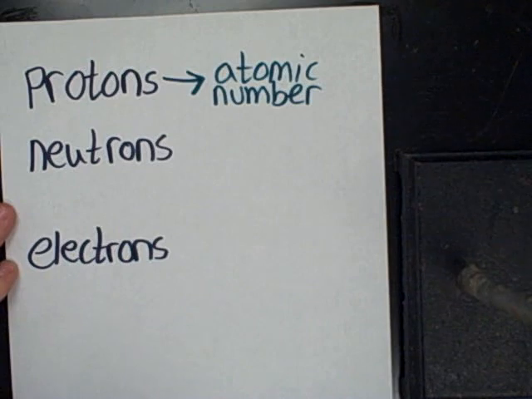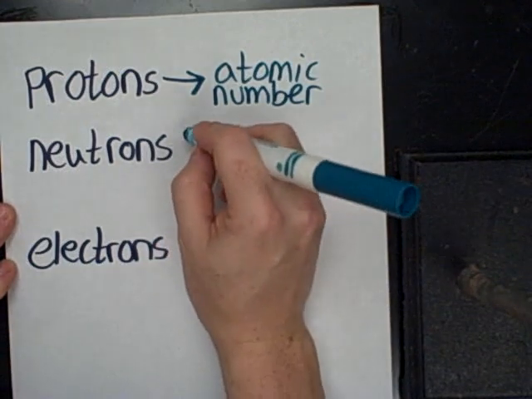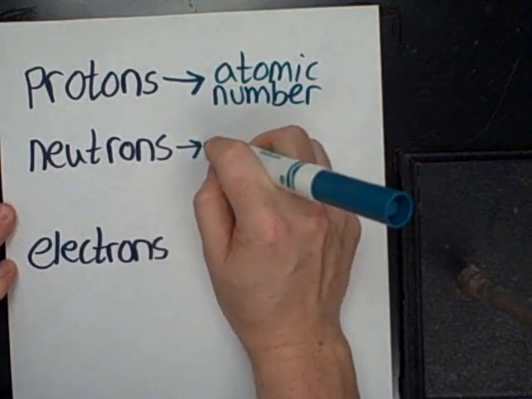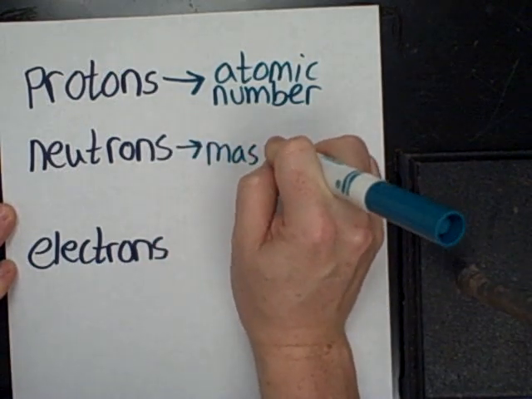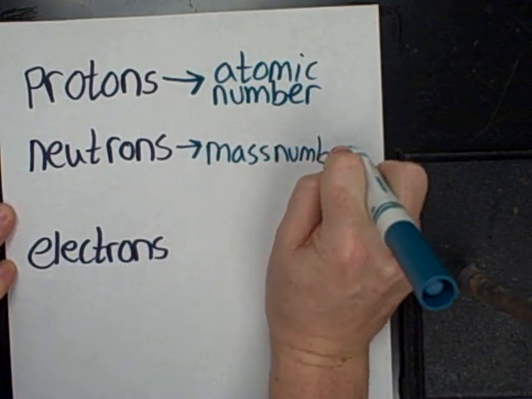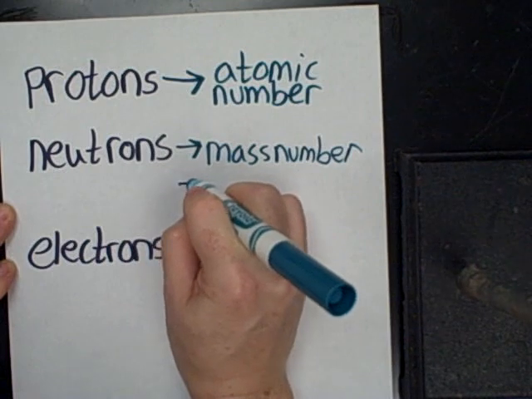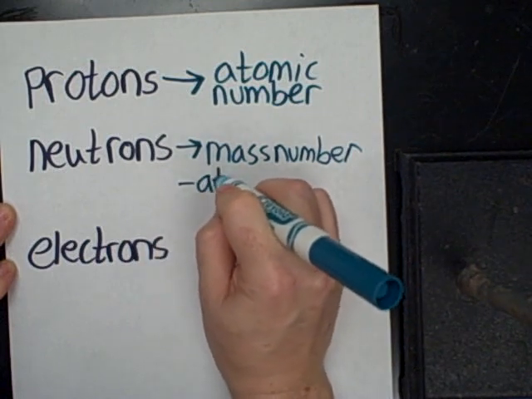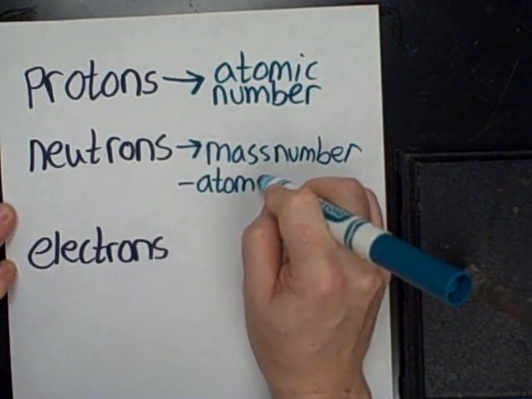Now, there is no number we can look for on the periodic table to find the number of neutrons. We have to calculate the number of neutrons. To do that, we take the mass number and we subtract from that the atomic number, the number of protons.